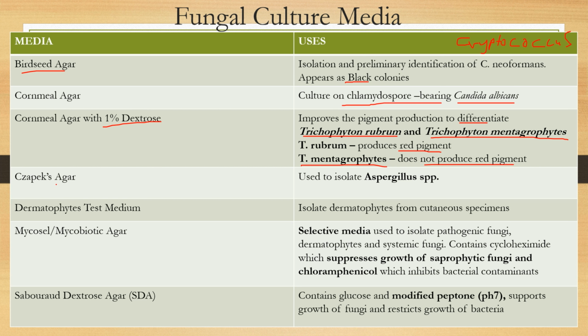Then we have your Sabouraud agar used to isolate Aspergillus species. This Aspergillus species, class, is a very common contaminant. Most of the time, you can find this on your bathroom walls, on the tiles of your bathroom. They have different appearances or different species.